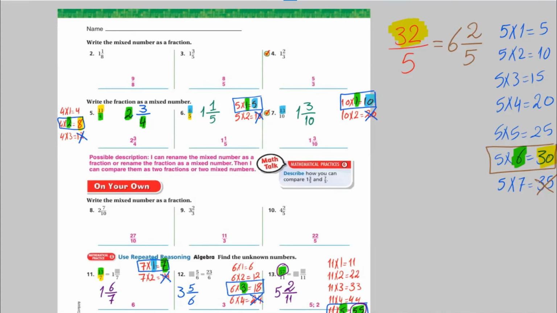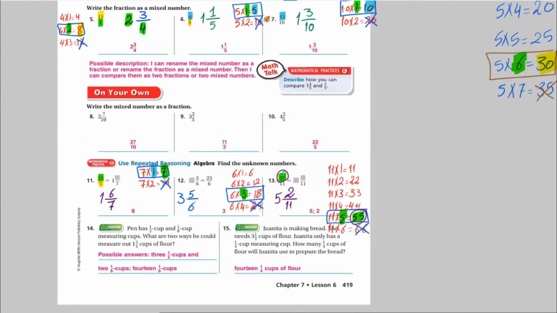Okay. What about this one? If we have 25 over 7.